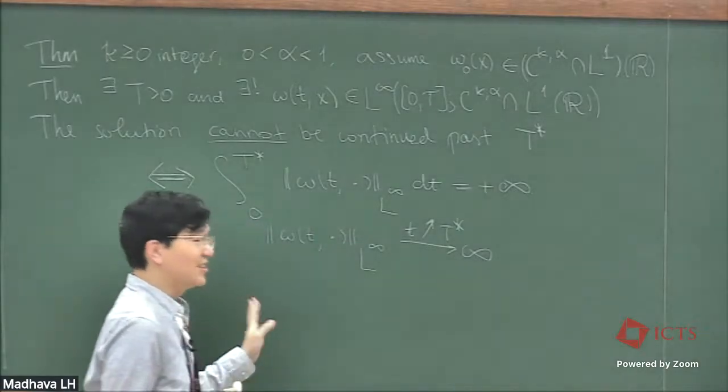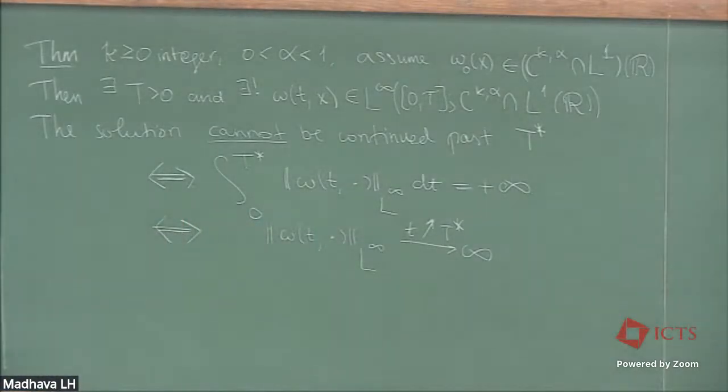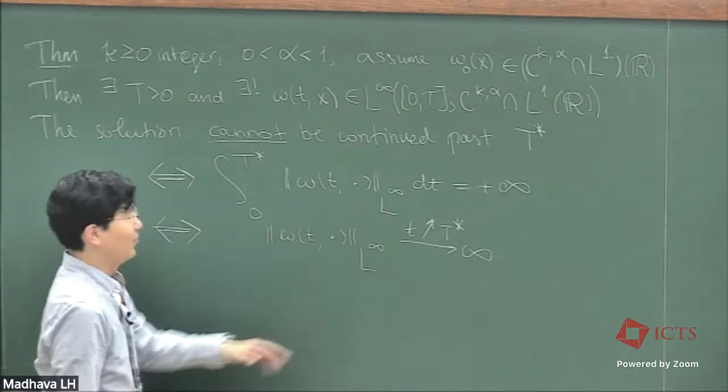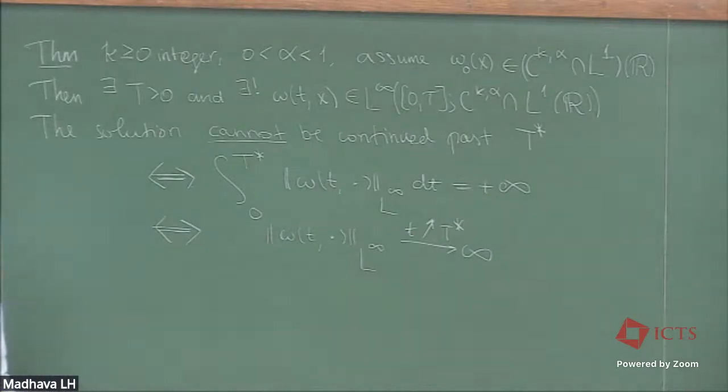Yes. I think so, but I have not thought about it. Yes. So this at infinity can be slightly weakened to BMO. Okay, so this will be an exercise for you if you are interested.